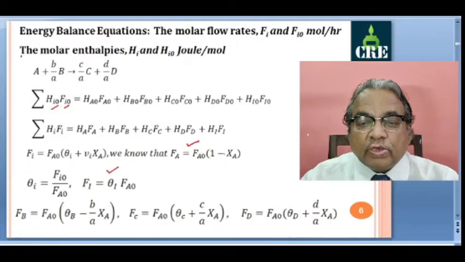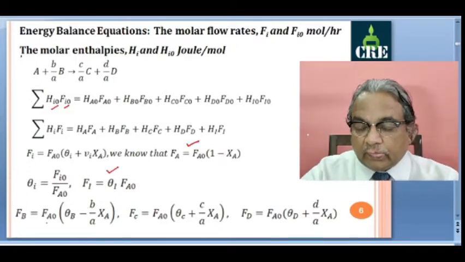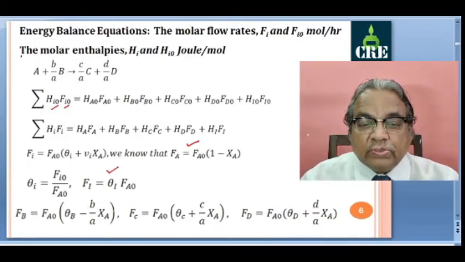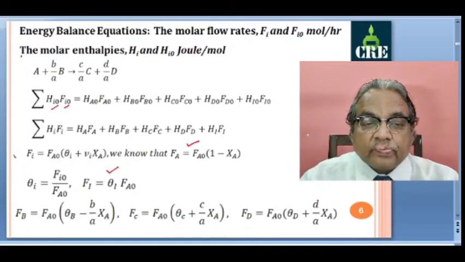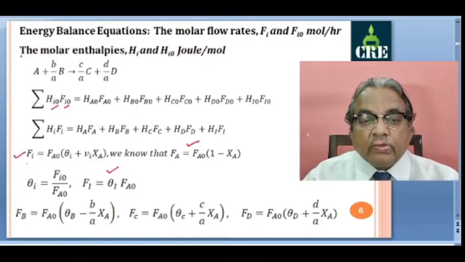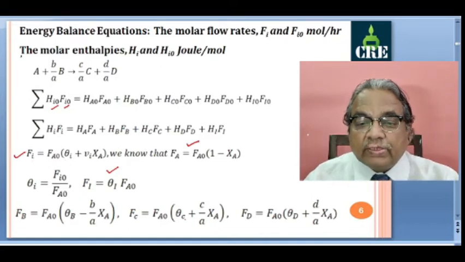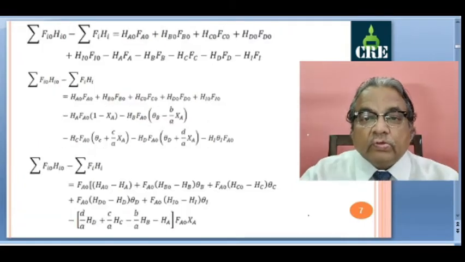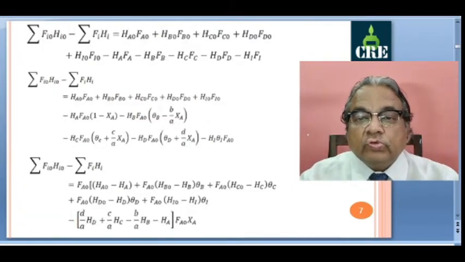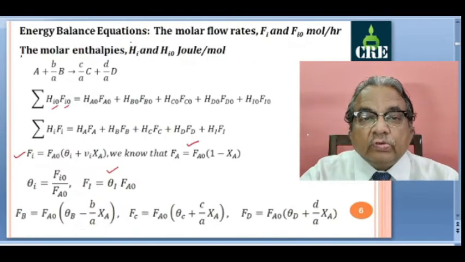A is also consumed, so we have minus sign here. So this represents this equation. Replace i by B: Fb, theta b, and this nu i is b by a. If you replace by C, we will have theta c, c by a. Replace by D, theta d plus d by a. So this is the equation which we have already written.